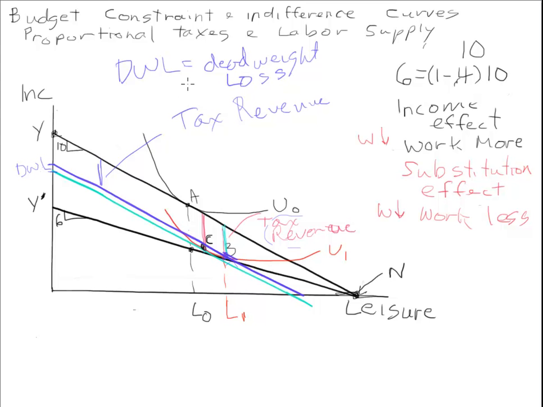Now I'm used to calling it deadweight loss. You can also call it an excess burden, a welfare cost. But notice I have a bigger loss than I would have had if I had just a lump sum tax that was just equivalent to the tax revenue generated by this tax.